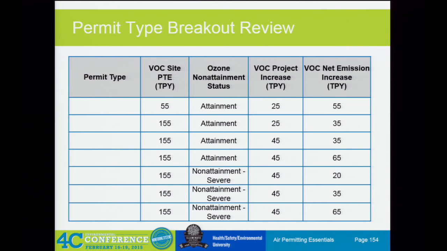I'm confused now. So in this case, we're looking at just VOCs. So in this example, we're non-attainment for just VOC. If we were looking at other pollutants, all right.